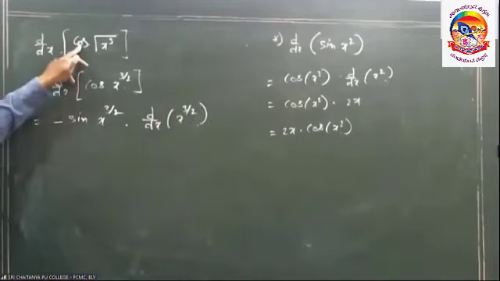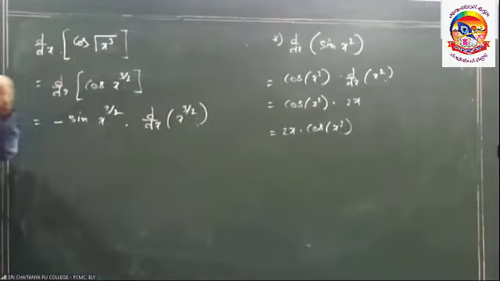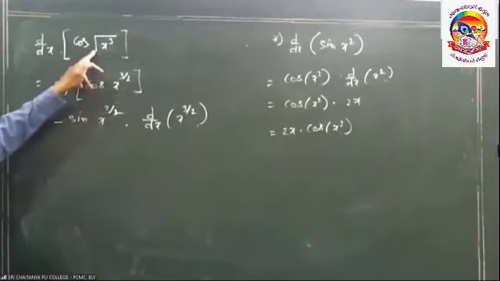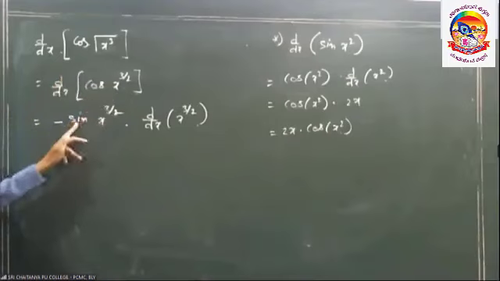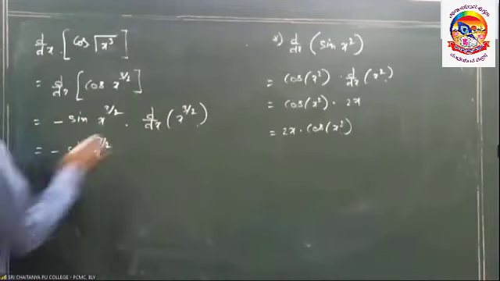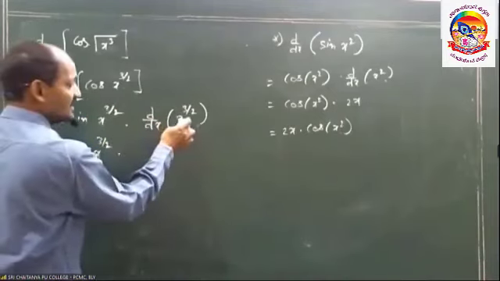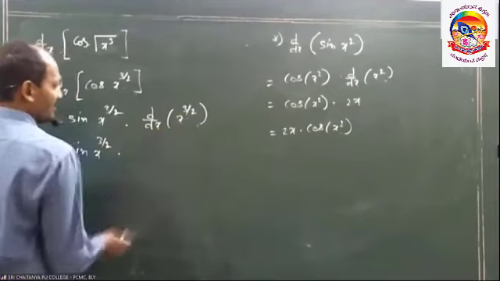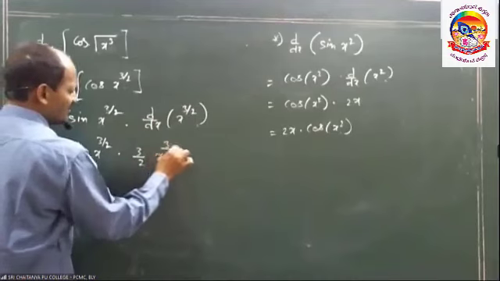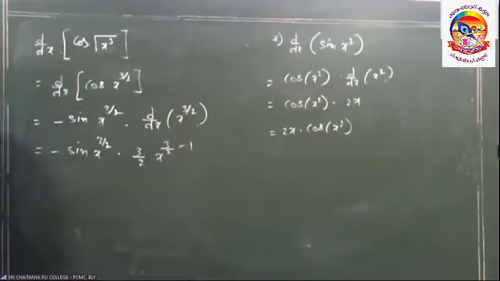It is cos of x power 3 by 2. The derivative of cos is minus sin, into the derivative of x power 3 by 2. So minus sin of x power 3 by 2 into the derivative of x power n. The formula: the derivative of x power n is n x power n minus 1.